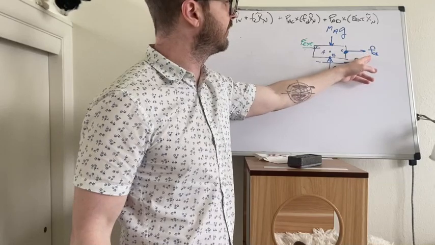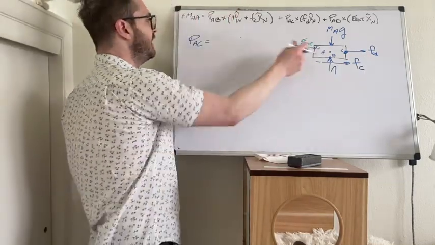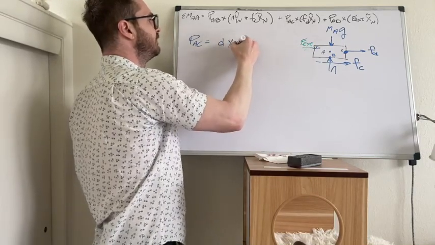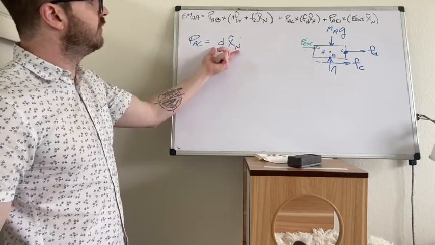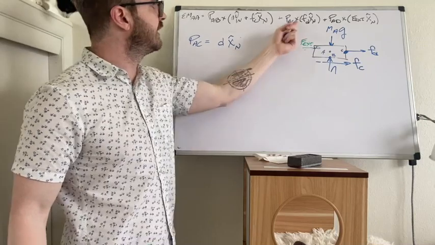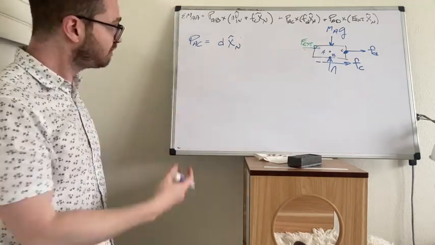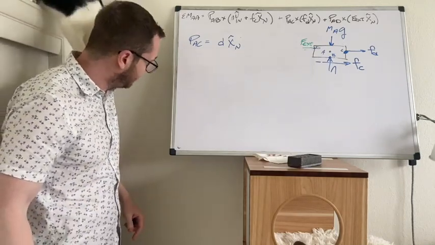With the force acting purely in the x hat n, what happens if PAC is just some distance d in the x hat n? Well, that means you would take this and you would put it here, right? And it would be x hat n cross x hat n.